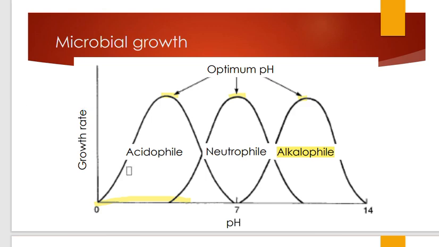We have acidophiles, which grow best at less than pH 5, then neutrophiles, which grow between pH 5 and 9, and then alkalophiles, which grow at greater than pH 9.